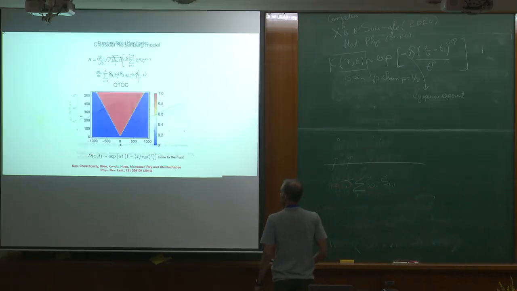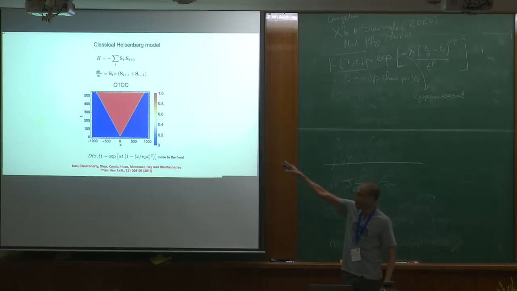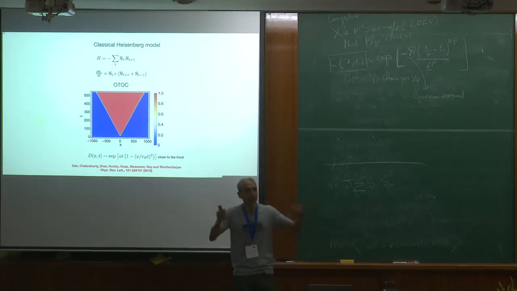And so that's what I have here on this plot. So this is basically just the classical Heisenberg model, right, which has that Hamiltonian and this equation of motion. And you start the system out with two different initial conditions, which are different only for one particular spin which is located at x equal to 0. And then you go ahead and calculate this OTOC.